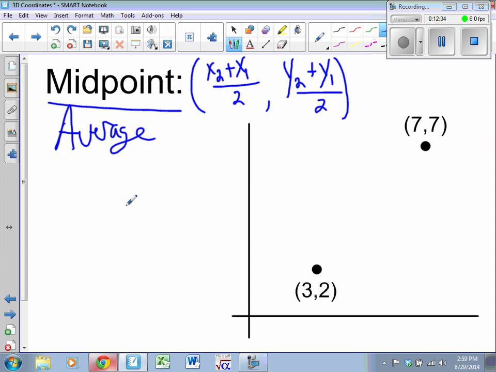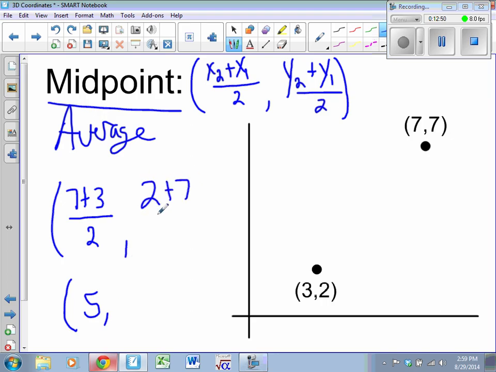How do you average 2 numbers? You add them up and divide by 2. You already know that. Don't learn some new formula. So if I want to find the midpoint, I average the x's. How do I find the average of 7 and 3? I add them up and divide by 2. How do I find the average of 2 and 7? I add them up and divide by 2.